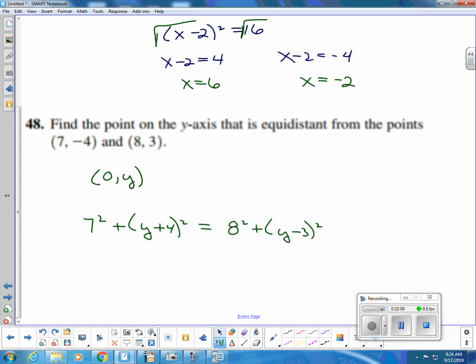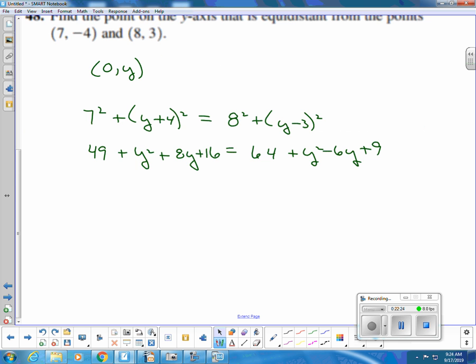So you have to FOIL this one out. Remember our shortcut for FOILing, expanding that binomial. This is why I said the better you are at the shortcut, the quicker your time would be.